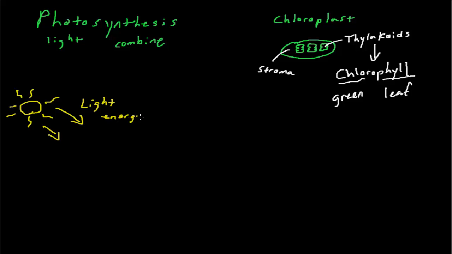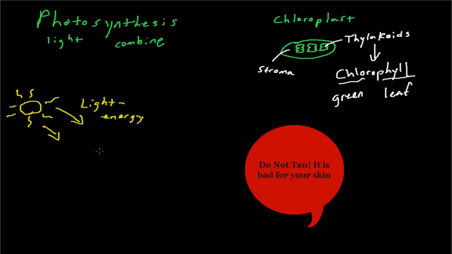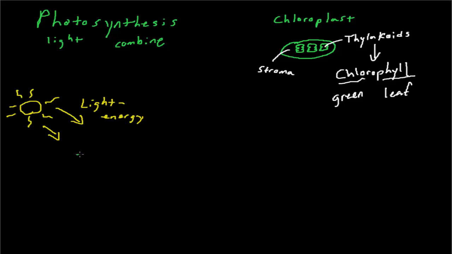You'll learn about this more in physical science. Okay, light is a form of energy. And that energy hits the earth all the time. And most of the animal kingdom, we can't do anything with it other than get a suntan. All right, the sunlight is kind of wasted on us. We can do a little bit with it, but for the most part, we waste a lot of that energy.